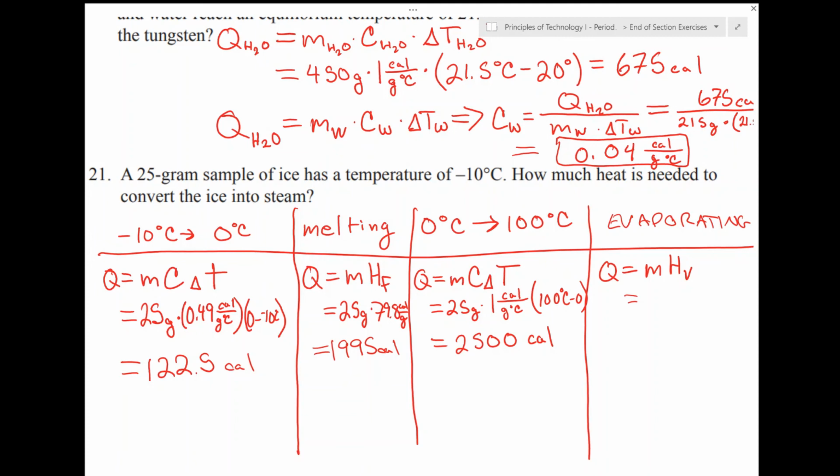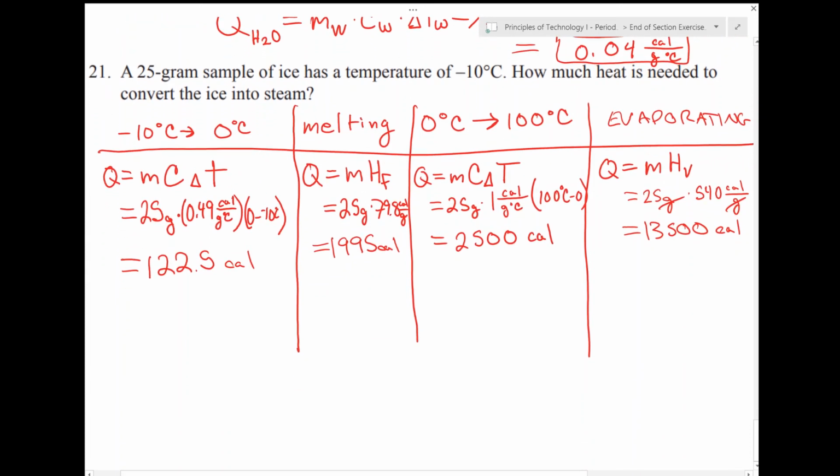And for water, the heat of vaporization is equal to 540 calories per gram, multiplied by our sample size of 25 grams, gives us 13,500 calories of heat.